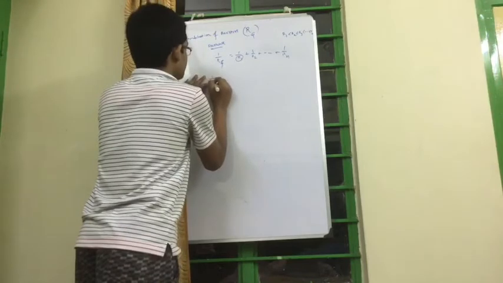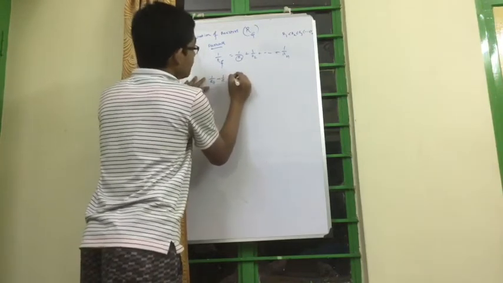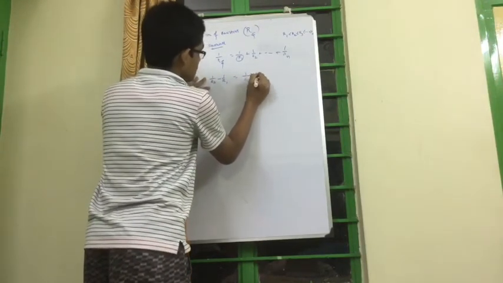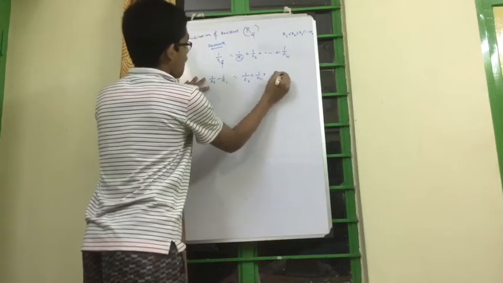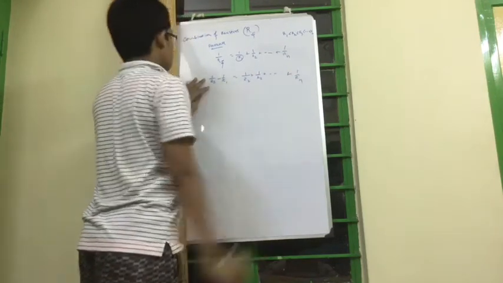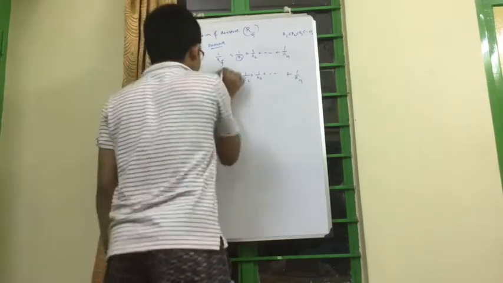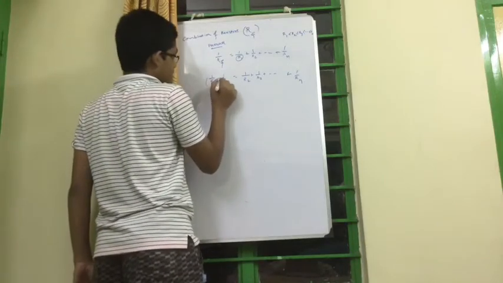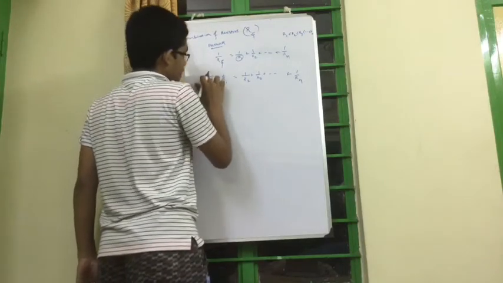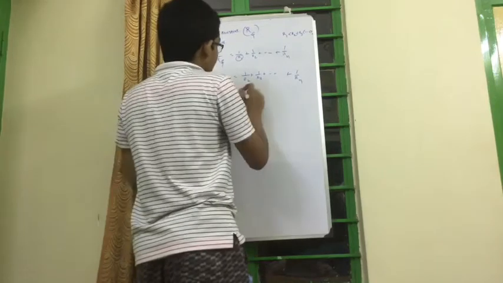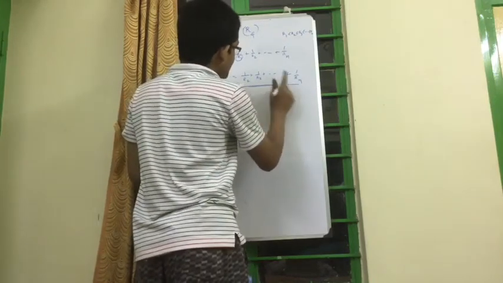So mathematically we can write 1 by Rs minus 1 by R1, and you see that this entire thing is positive.